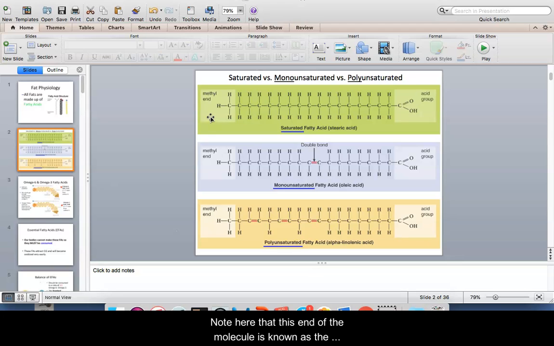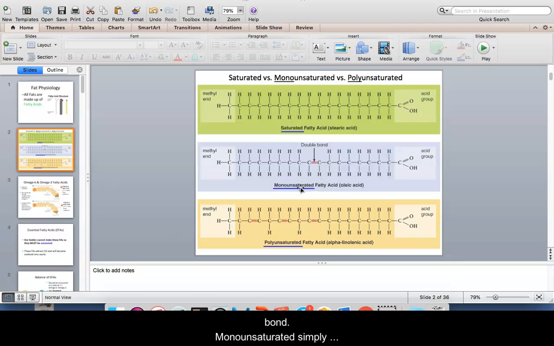Note here that this end of the molecule is known as the methyl end, and this one is the acid group, COOH. Okay, now let's look at monounsaturated. So unsaturated means that they do not have a full complement of hydrogen atoms. And instead, where they are missing, you end up with a double bond.